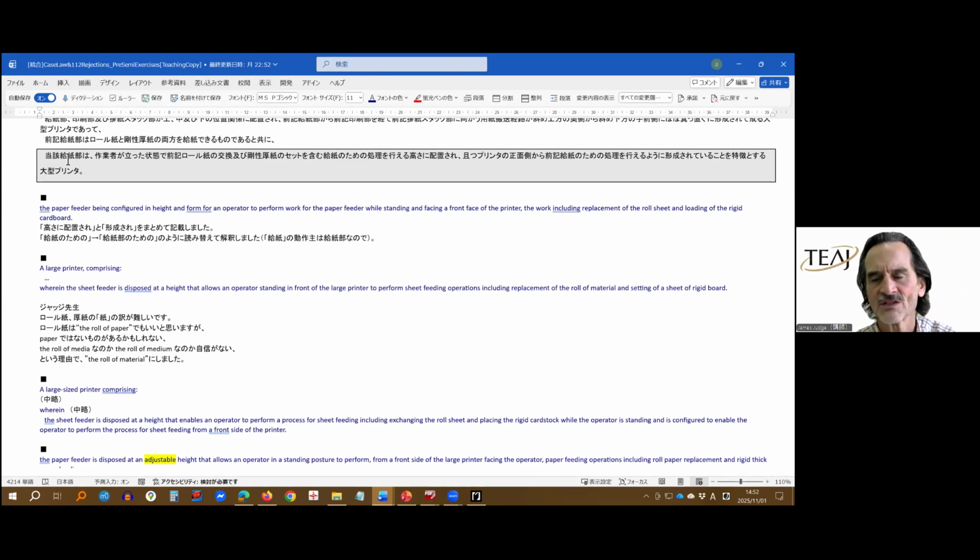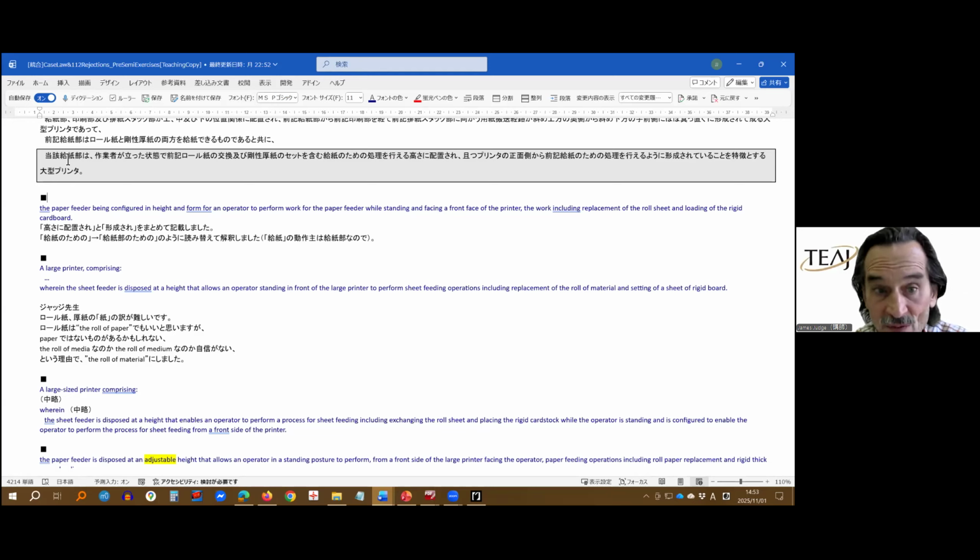It's not part of what's being claimed. So a really key issue for all of us translators to be aware of is to look out for recitations in claims that are relative to something outside of the device or whatever is being claimed.